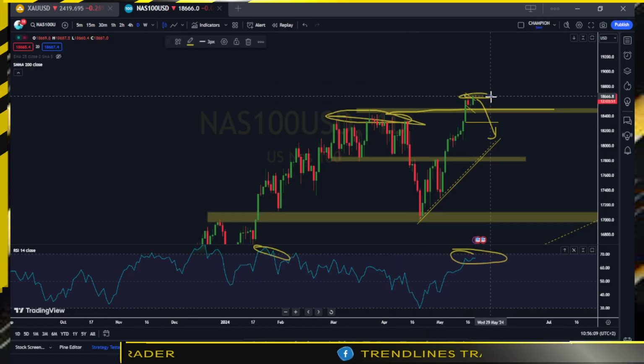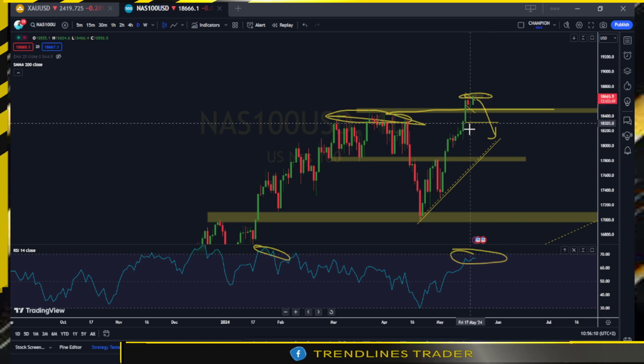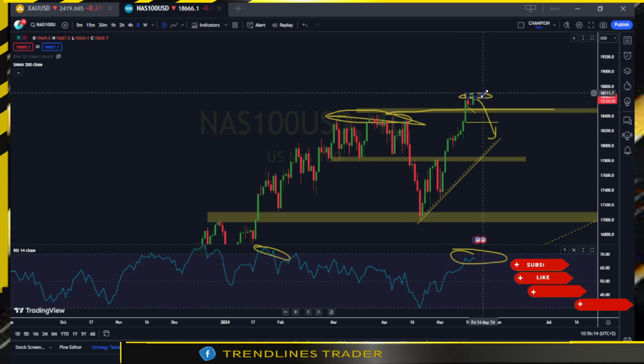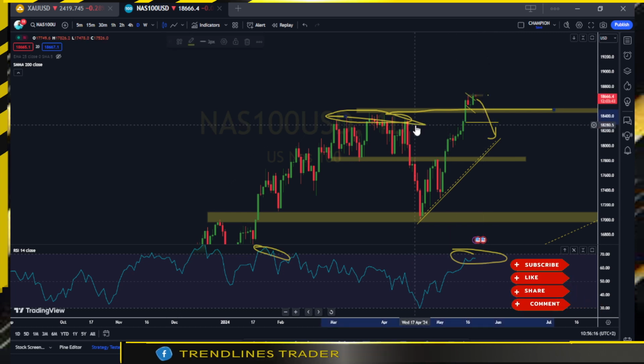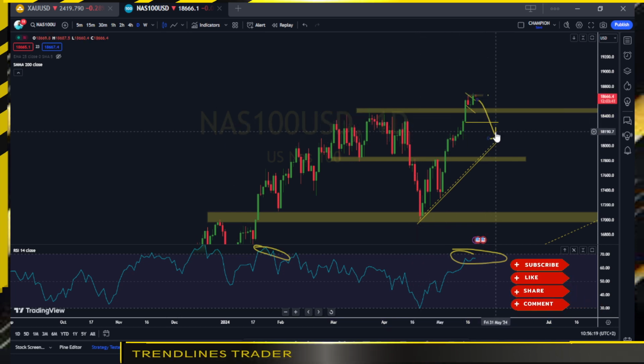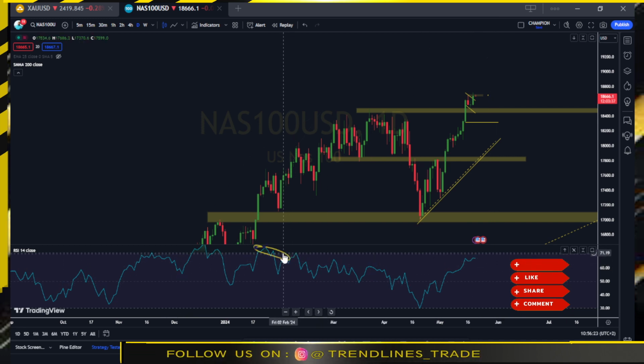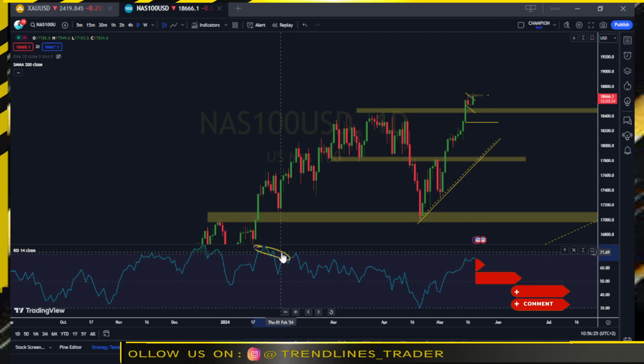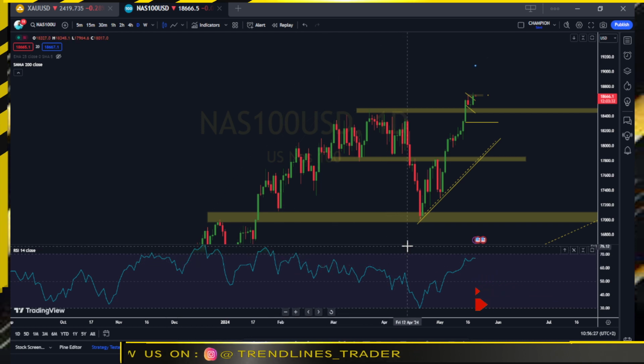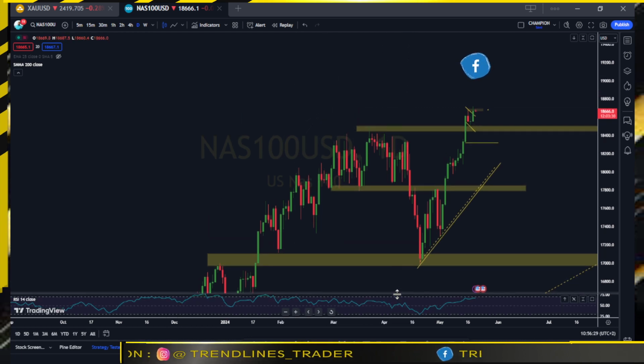The price is almost reaching the overbought position on our indicator. Let me just remove this so that we can focus on our chart.